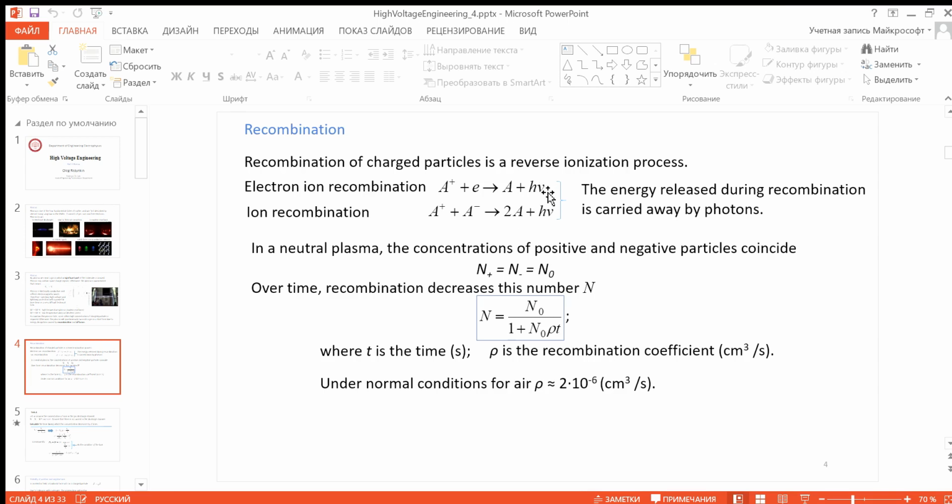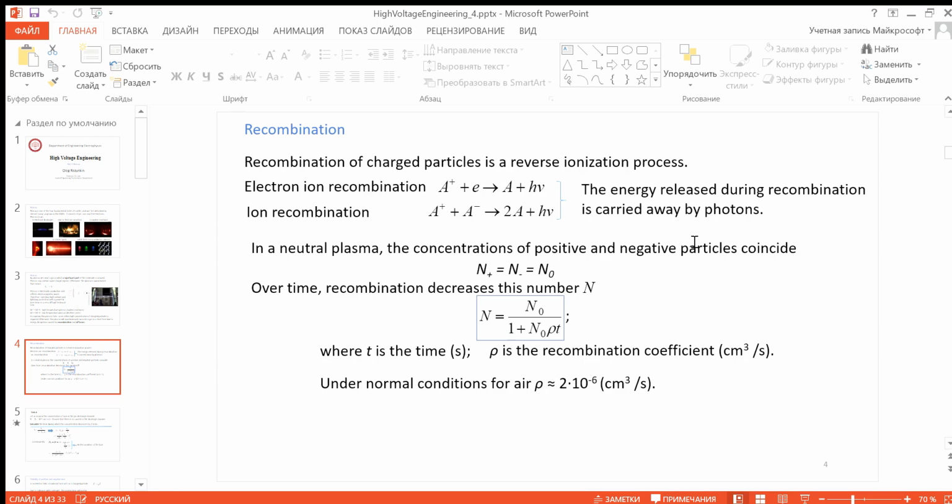As a rule, this is radiation of the optical and ultraviolet range. So energy released during recombination is carried away by photons.